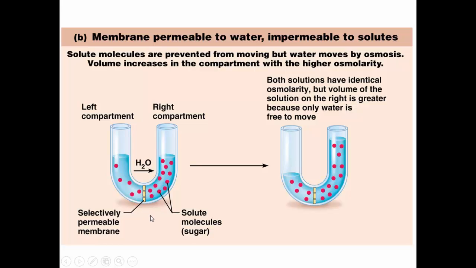In other words, the membrane is impermeable to these molecules. Mother Nature doesn't like this inequality, and so water, which can move freely through this membrane, will move over until we have an equal distribution of molecules or particles on both sides of the membrane. In other words, this might be 1 molecule or particle per milliliter, and it's the same on both sides.